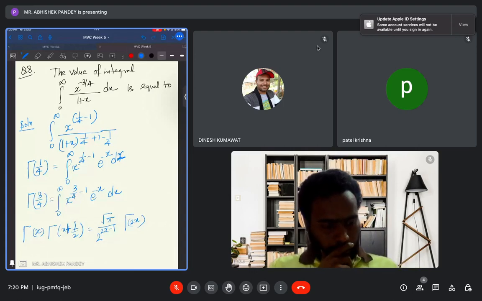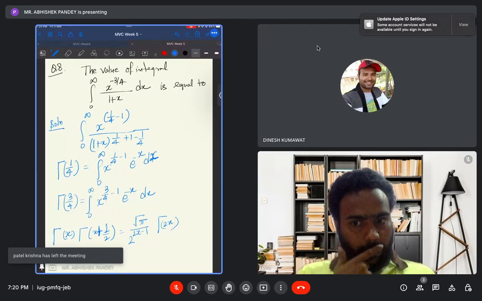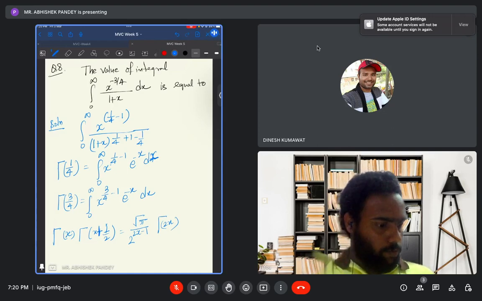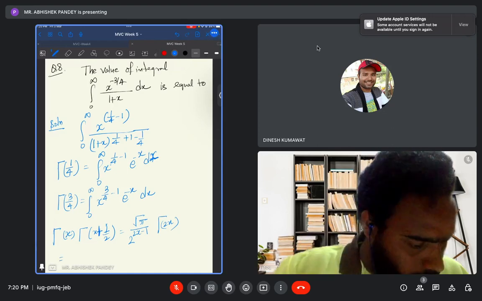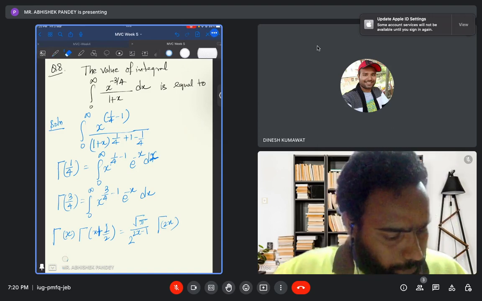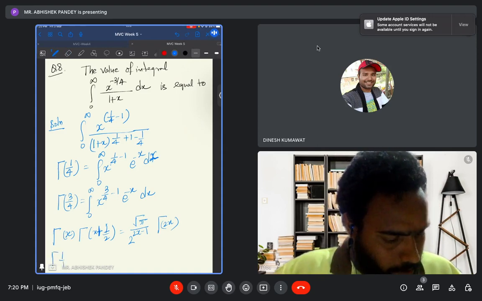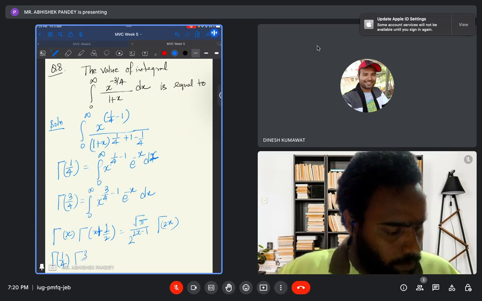So here if we put x equals 1 by 4, you will get gamma of, sorry, here you need to observe something. Gamma of 1 by 4, and 1 by 4 plus 1 by 2 is nothing but 3 by 4.